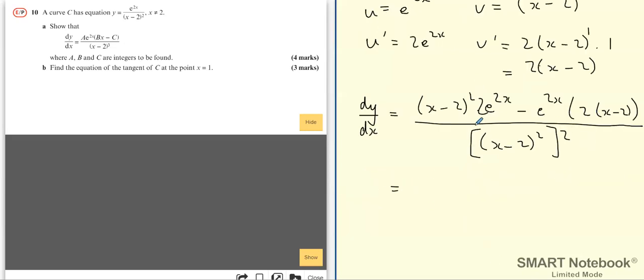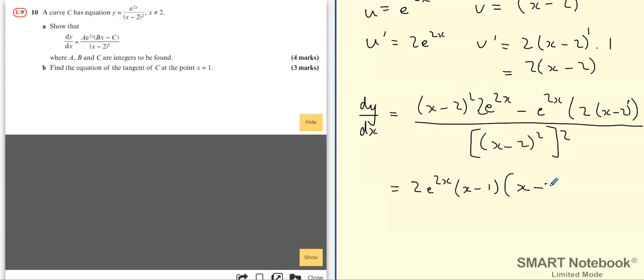Now if I factorize out the common terms of the numerator, every single term has a 2, so I'm going to take a 2 out. Every single term has e to the 2x, I'm going to take that out. Every single term has x minus 2 to the power of 1. So if I take that out, what do I get?